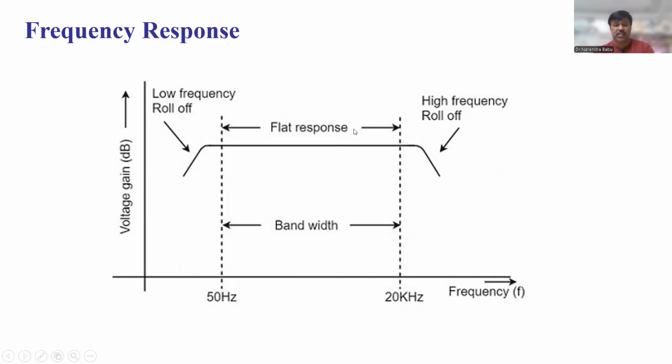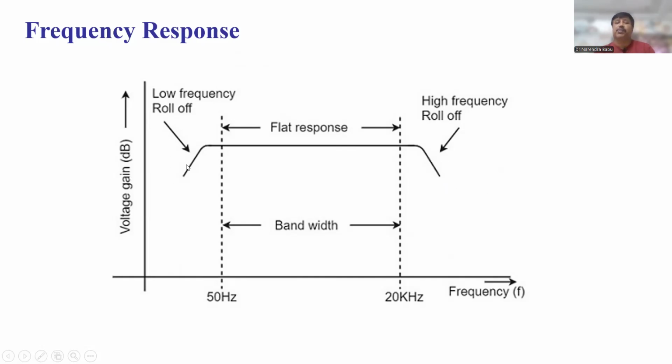As a result of this, the loading effect at the next stage increases, which reduces the voltage gain. Also, as the capacitance of the emitter diode decreases, it increases the base current of the transistor, due to which the current gain reduces. Hence, the voltage gain rolls off.